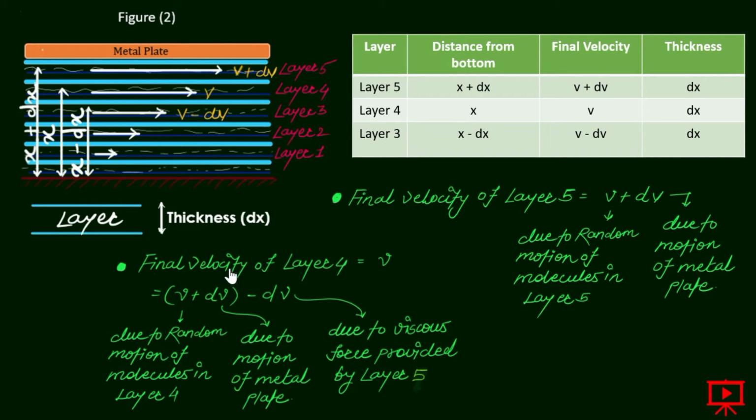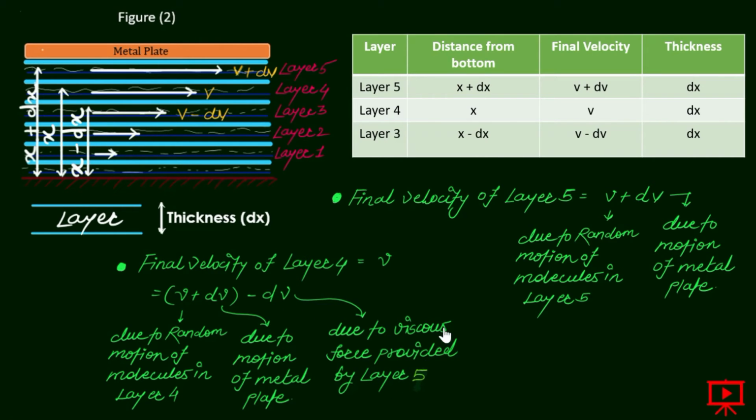In the same way, the final velocity of layer 4 is v only. Initially, the velocity of layer 4 is v plus dv, in which the small v is the velocity due to random motion of molecules in layer 4, and this dv is due to the motion of the metal plate. Now this minus dv is the velocity change due to the viscous force provided by layer 5.